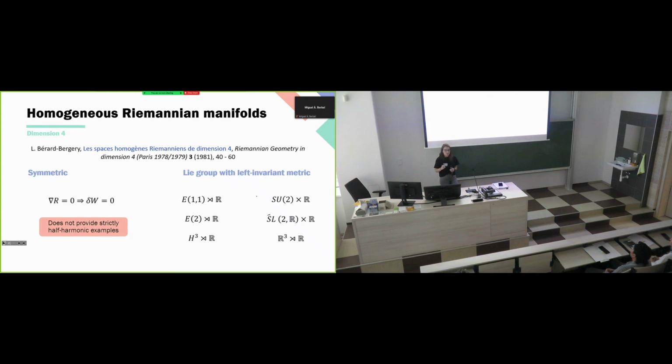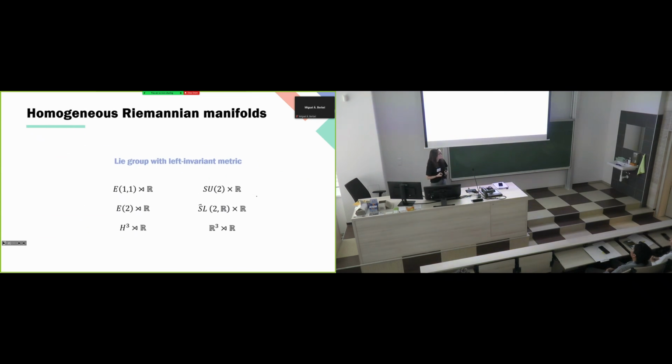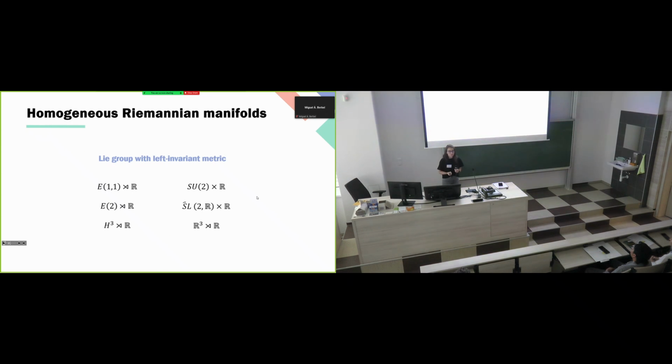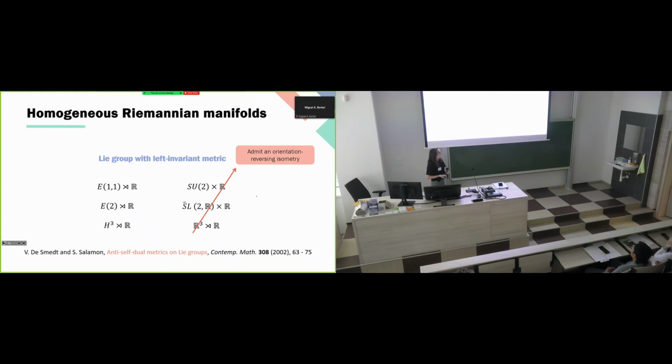And in four-dimensional Lie groups, we have these 6 possibilities here. There should be a tilde here, but I don't know why it's just half a tilde, sorry. But, okay, let's focus on these 6 Lie groups. The first thing we need to notice is that the last 3 of them admit an orientation-reversing isometry.